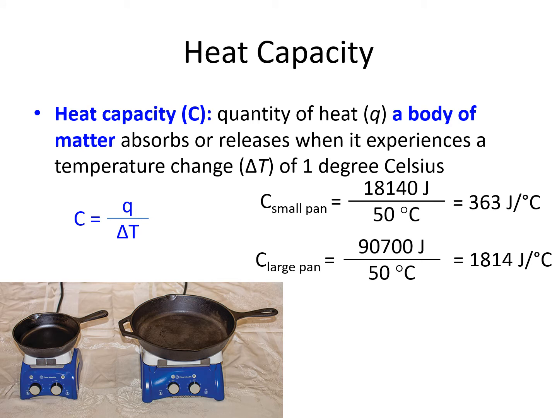So we can measure the properties of substances related to heat. One property is called heat capacity. Heat capacity has the abbreviation capital C. We have a lot of different units here that have a C in them, or start with a C, so please try not to get them confused.